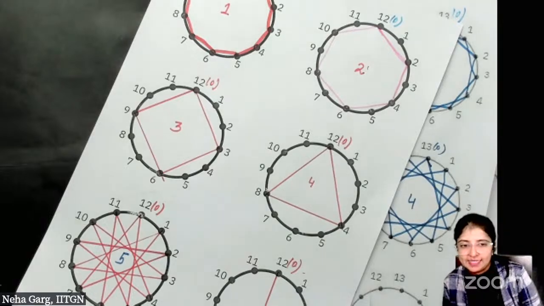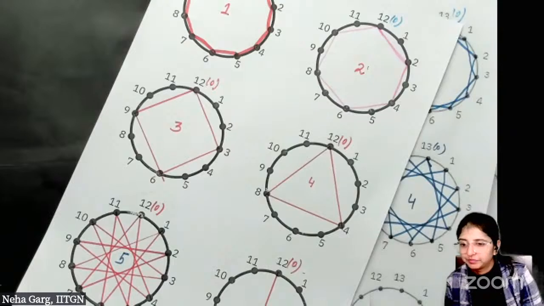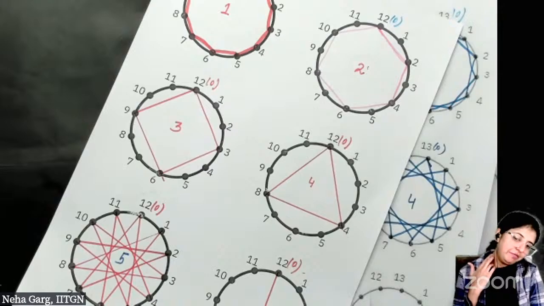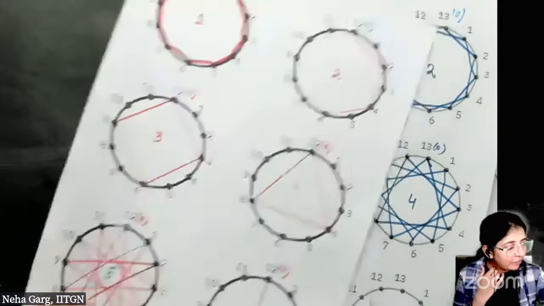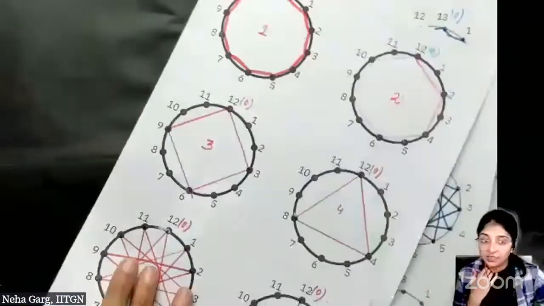Okay, let's end the poll and talk about what is happening here. Someone has written in the YouTube comments that 5, 8, and 9 form stars in the 12-point circle.